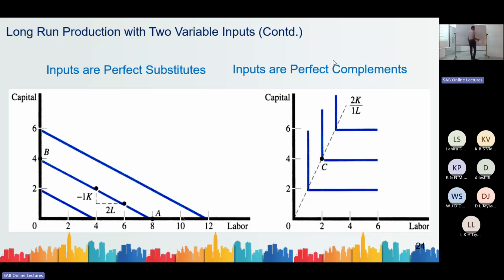So they should maintain the same ratio between the two inputs in order to produce the output efficiently. The isoquant curve for 2 kilograms will be this, with 1.4 kilograms of Y and 600 grams of X.